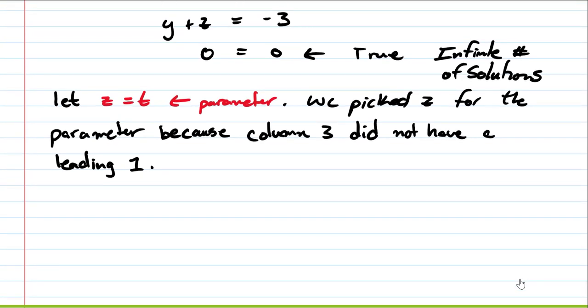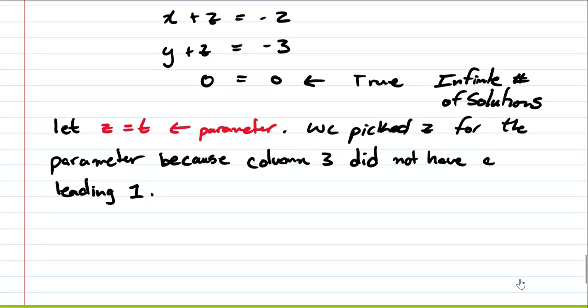We're going to have the two equations, and we're going to solve them for the non-parameter variable. So x plus t equals -2, and y plus t is equal to -3.